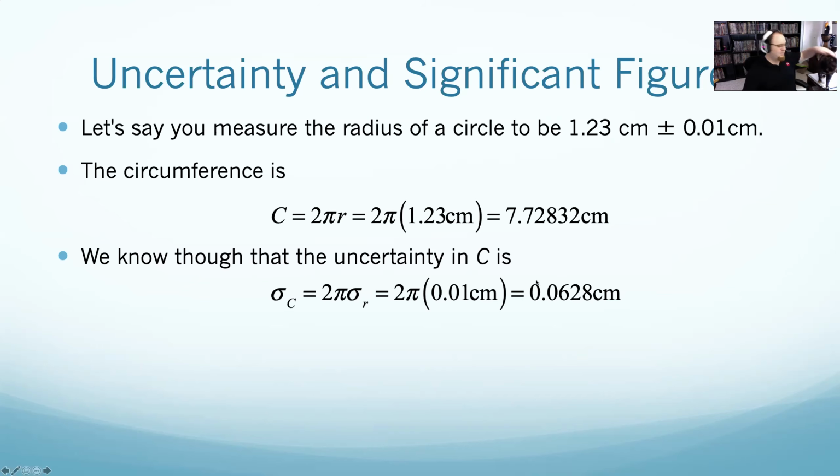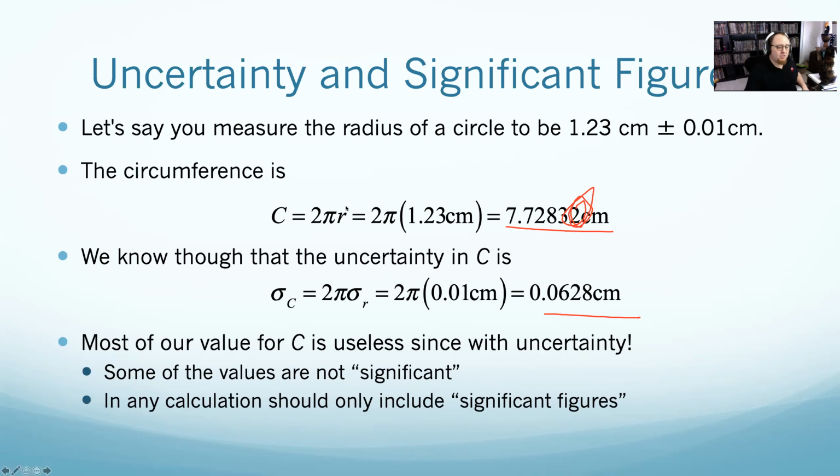Let's compare these numbers. If we're saying the circumference is this plus or minus that, this digit right here, that 2, is pretty useless because it's well within the uncertainty. I'd go so far as to say it has no meaning. Most of this value is C after this 2, this 8, the 823 at the end, have no meaning because they're well within the uncertainty.